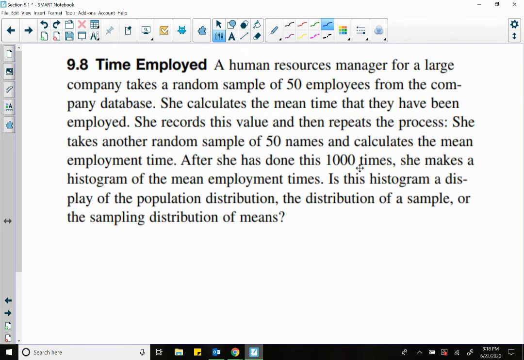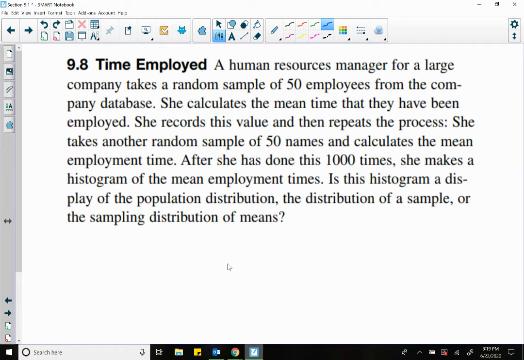After she has done this 1,000 times, which she's got a lot of time on her hands if she does that, especially if she's doing it by hand, she makes a histogram of the mean employment times. Is the histogram a display of the population distribution, the distribution of a sample, or the sampling distribution of means? Pause the video. Tell me which one it is.